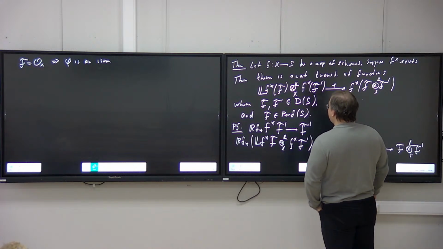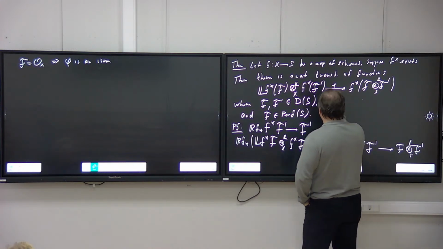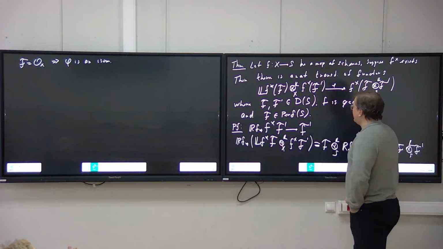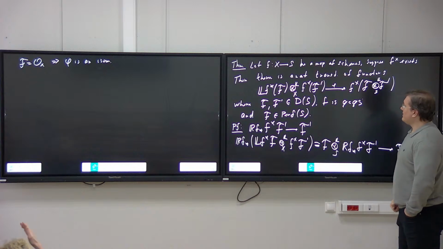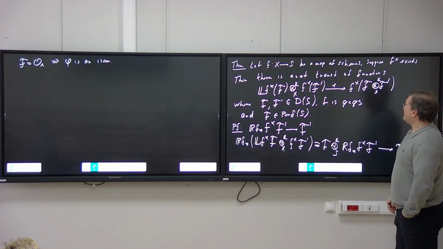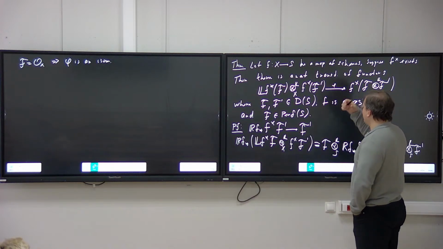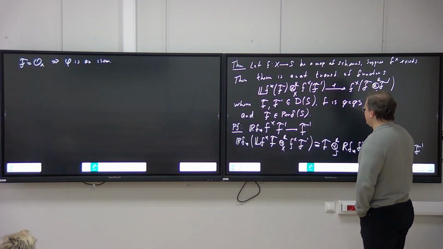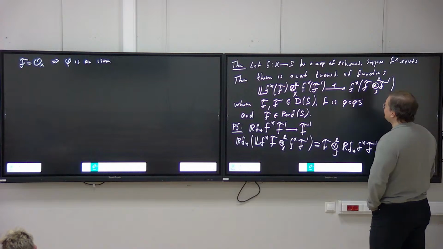What I need... I suppose it should just say that. Quasi-compact, quasi-separated. No, I think in the beginning, let f be a quasi-compact quasi-separated map of schemes. And then f cross exists, and then this map exists, and everything. Yeah, okay.